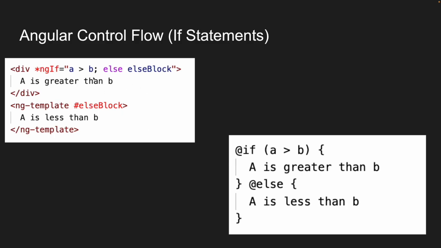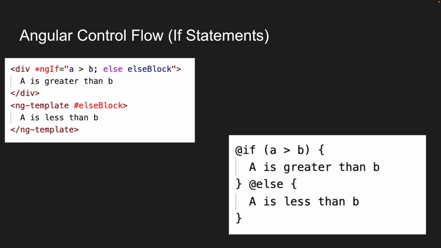This is the syntax which we had before Angular 17. Now from Angular 17 we have the @if control flow, where it can be used for writing our if conditions. If you see here, the same block I wrote with the tags, that is the previous versions, and the same thing I wrote in a newer way. Here if you see, we used *ngIf a is greater than b, else block.